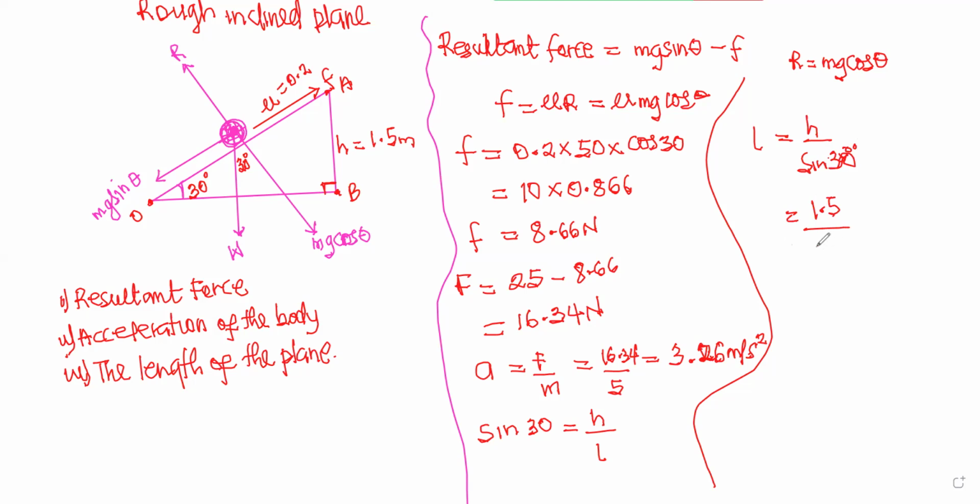Sine 30 is 0.5. So what is 1.5 divided by 0.5? 3 meters. Good. So that's the length of the inclined plane. So simple.